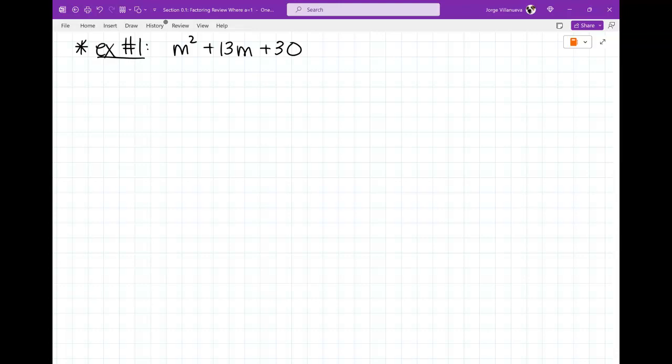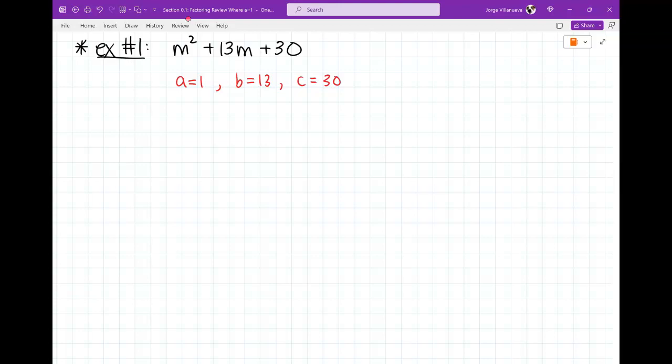Now, I want you to factor this. You notice my a term is a 1. If you want to list them, you can. So right here you can write a is 1, b is 13, and c is 30. You don't have to do that, but sometimes it's helpful if you're trying to follow the little pattern that I wrote up there.